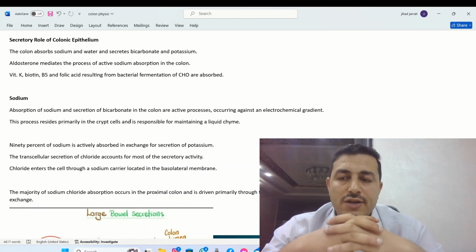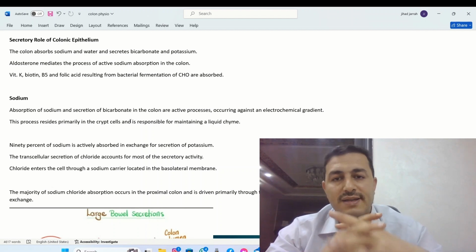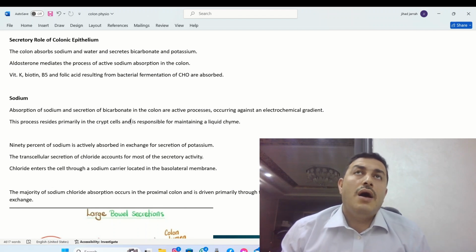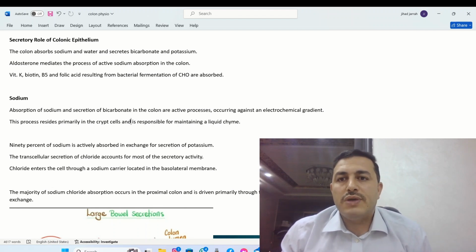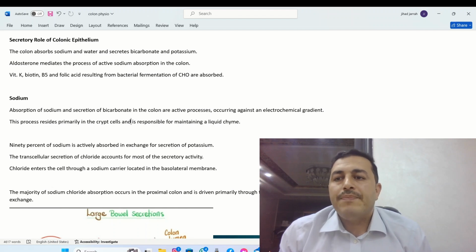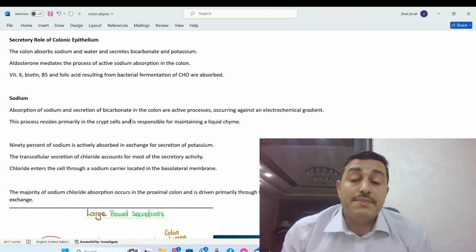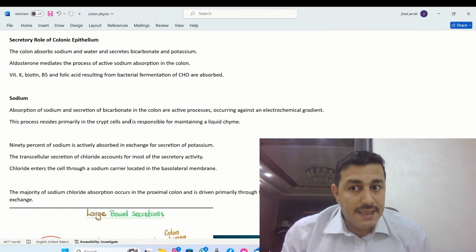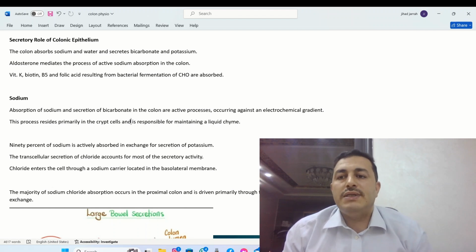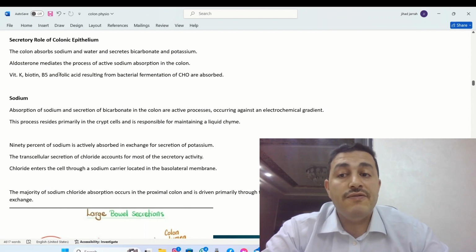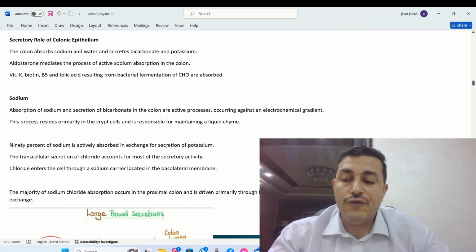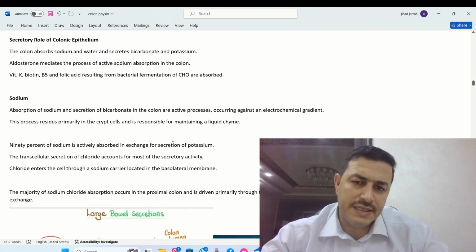This is under regulation of aldosterone. The stool is relatively low in potassium due to aldosterone. The colon also absorbs vitamin K, short chain fatty acids, biotin, B5, and folic acid, nutrients that are a result of bacterial fermentation.